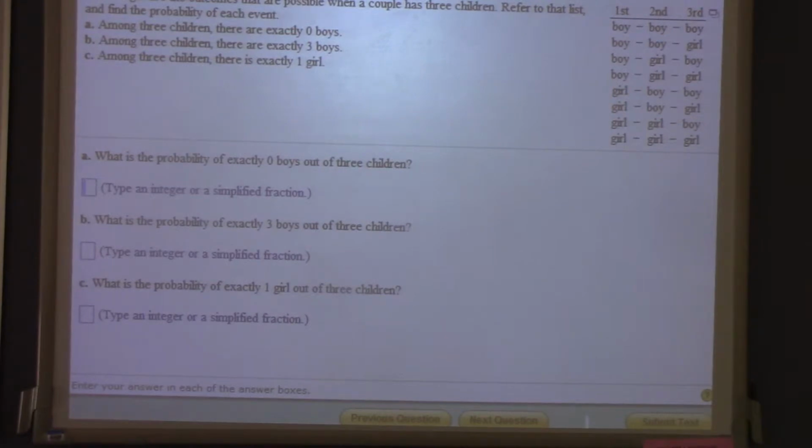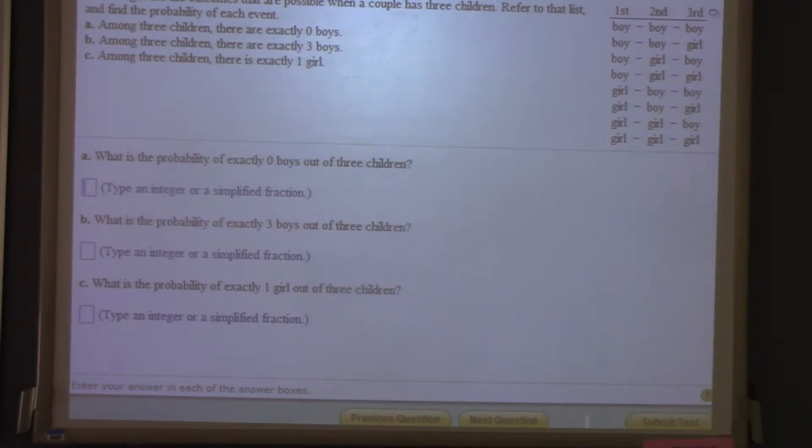One question. Awful. All right, this one says, to the right are the outcomes that are possible when a couple has 3 children. Among 3 children, there are exactly 0 boys. I had one student say there's not anything on here that says 0 boys.